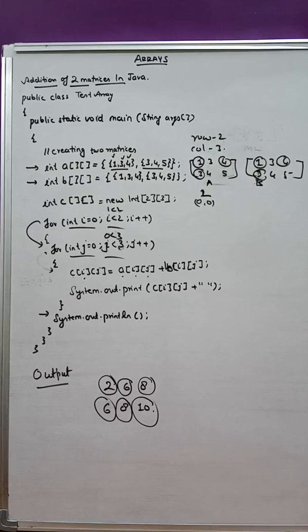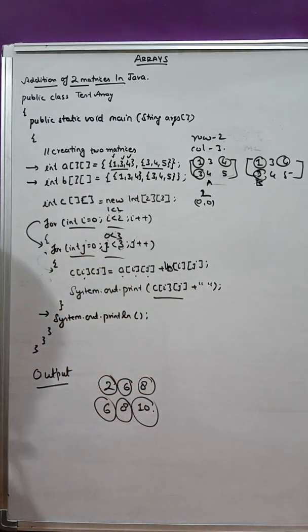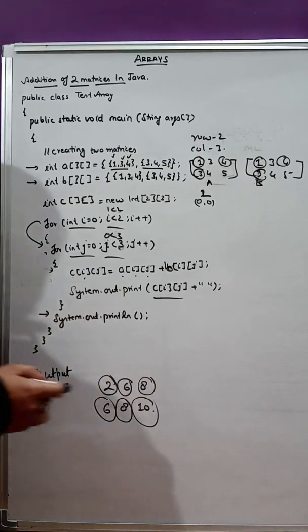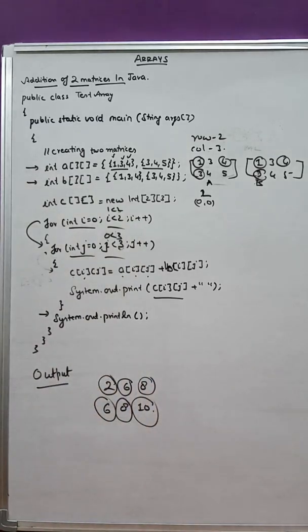Once we have added it, the next thing we have to do is print the values. When you print the values, you will have an output like this, where the values from both matrices are added and the final answer is provided.